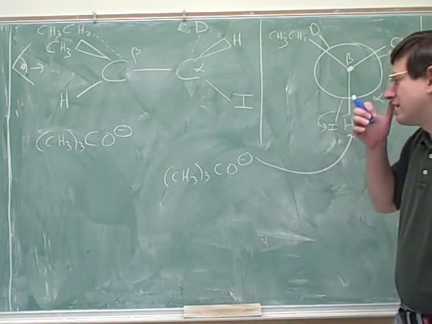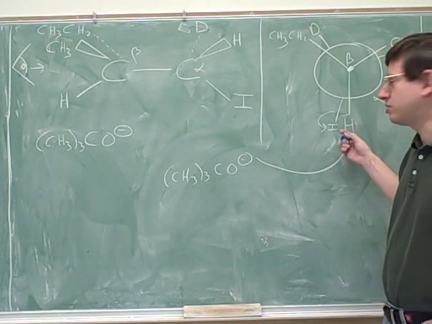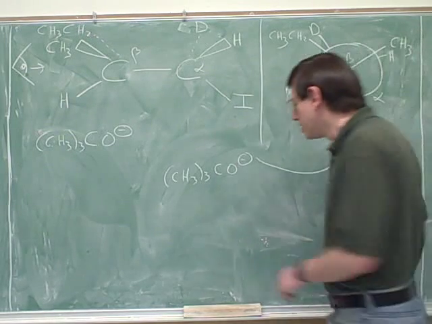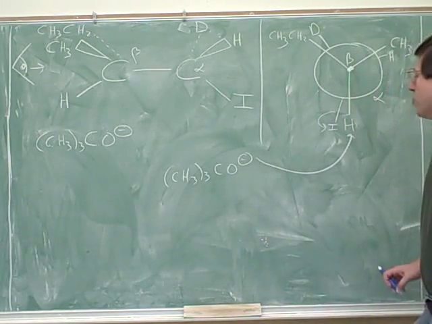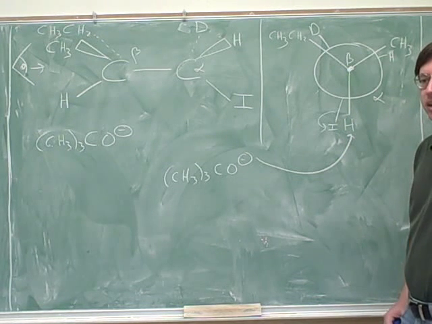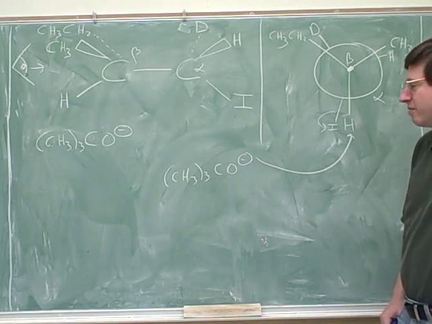However, steric hindrance is enough of an obstacle that we can't do the E2 like this. We can't do the E2 when the leaving group is blocking the hydrogen over here. So we need to rotate the molecule until it's anti-periplanar. That's a term that you might have seen.